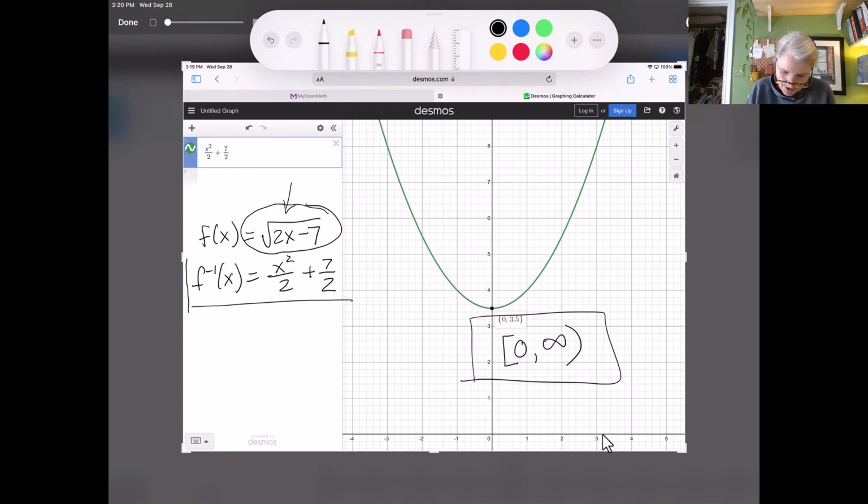So we took our quadratic, we graphed it on Desmos. We saw our vertex has an x-coordinate of 0. Therefore, the right half of the parabola goes from 0 to infinity. So that's an example of finding the inverse of a radical, a square root function.